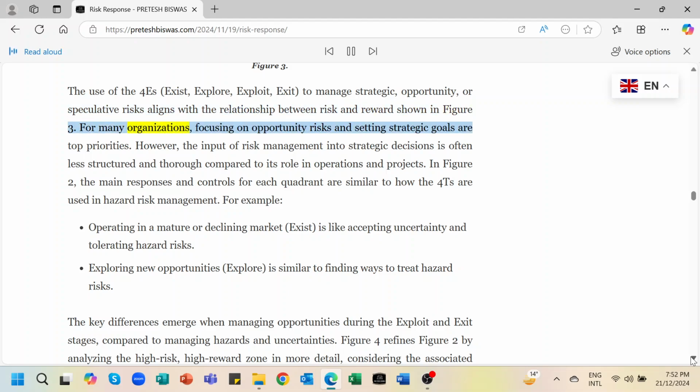For many organizations, focusing on opportunity risks and setting strategic goals are top priorities. However, the input of risk management into strategic decisions is often less structured and thorough compared to its role in operations and projects. In Figure 2, the main responses and controls for each quadrant are similar to how the 4Ts are used in hazard risk management.